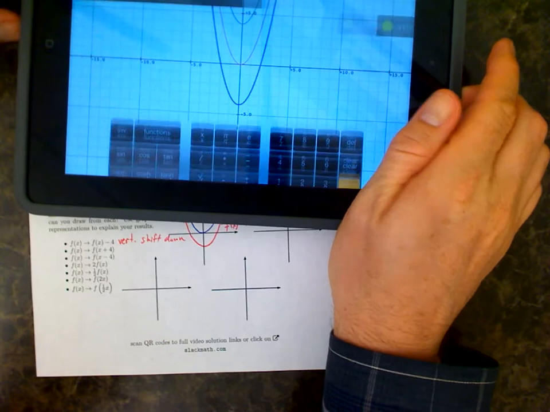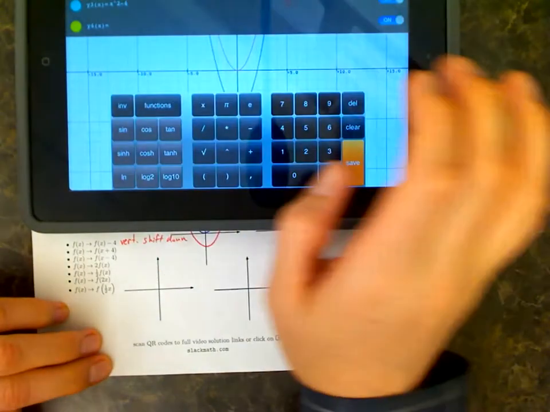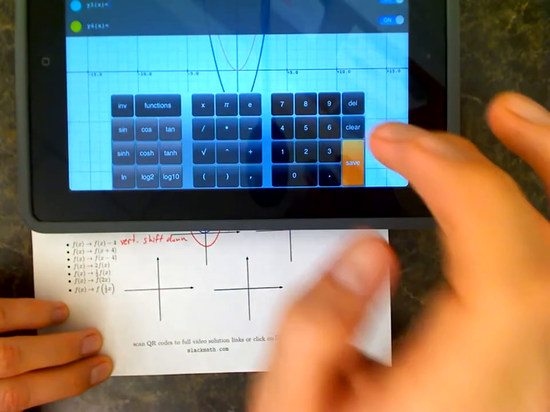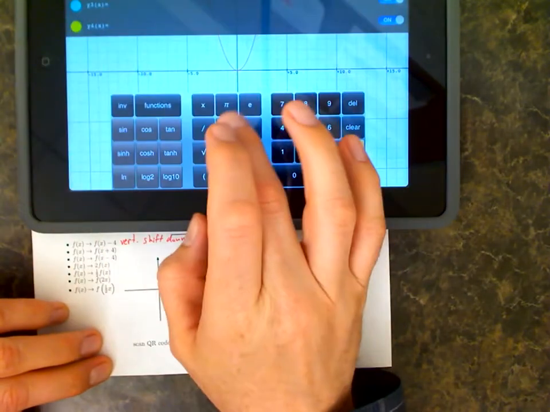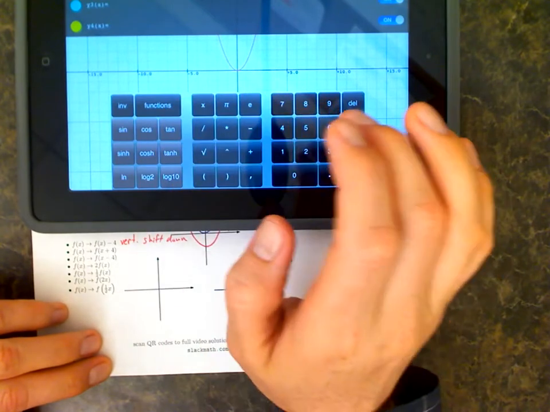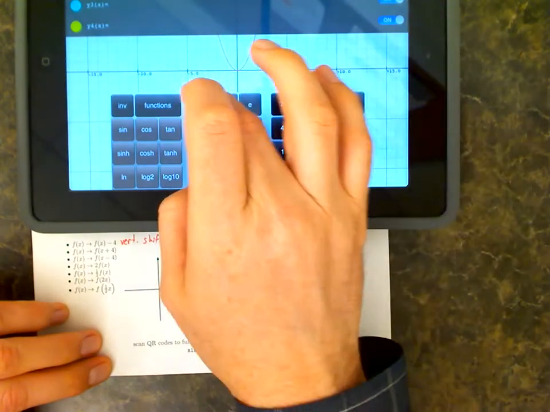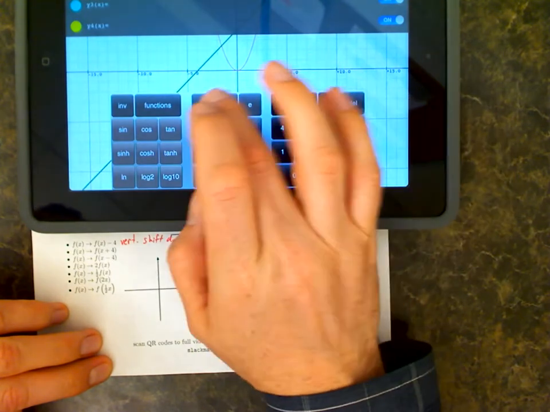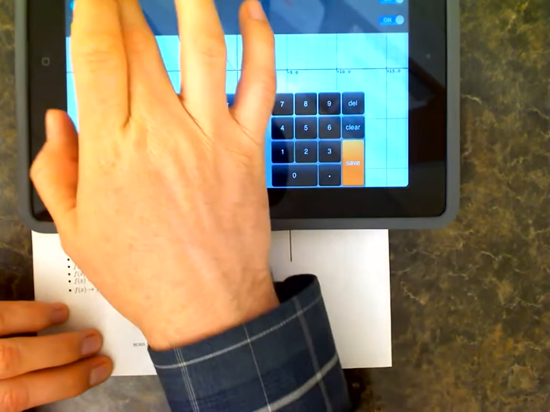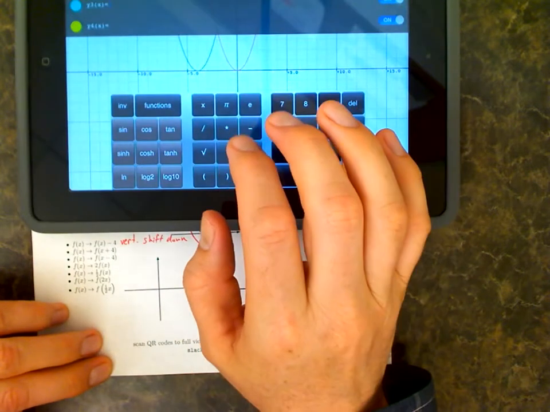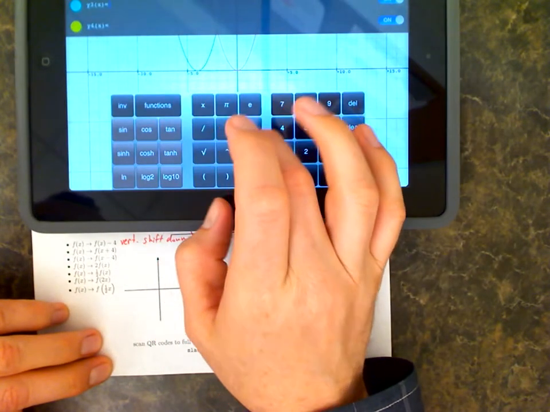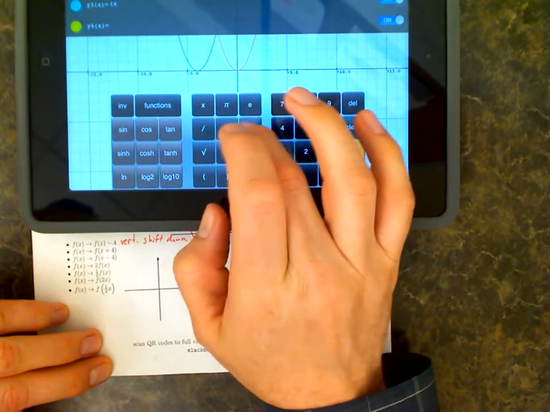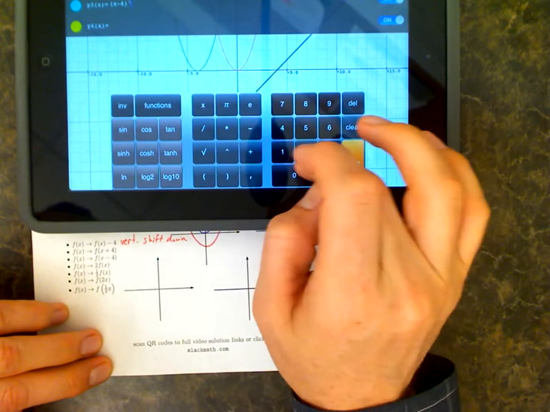So I'm going to clear the second and the third, and we'll look at x plus 4 in parentheses, and then we square that, and then the other one is x minus 4 in parentheses, and we square that.